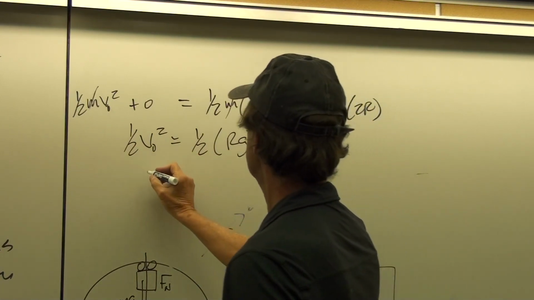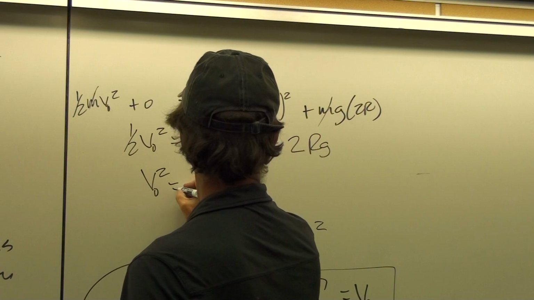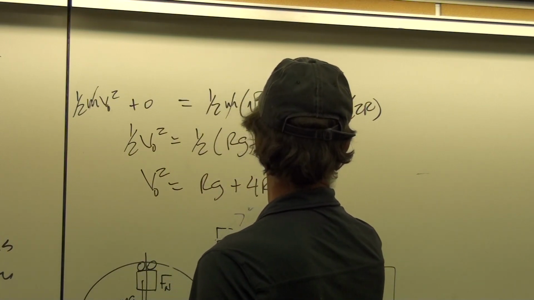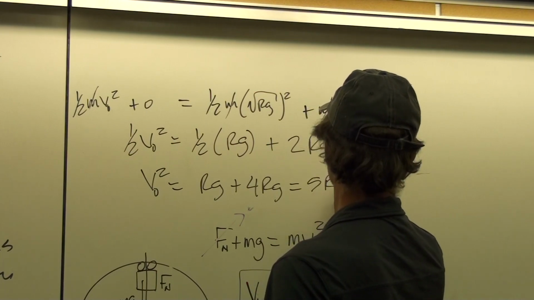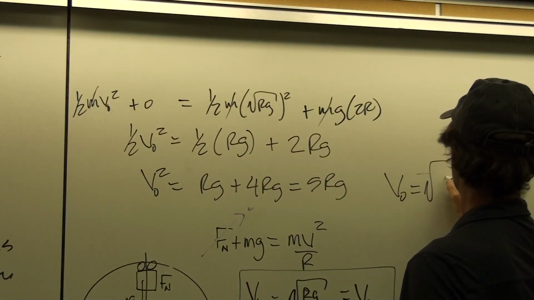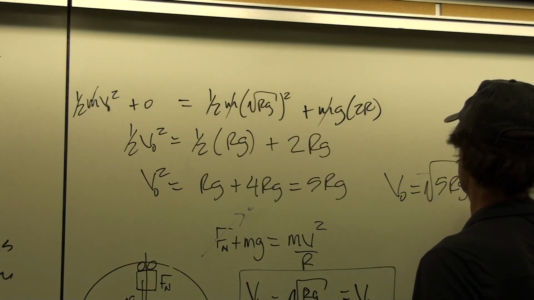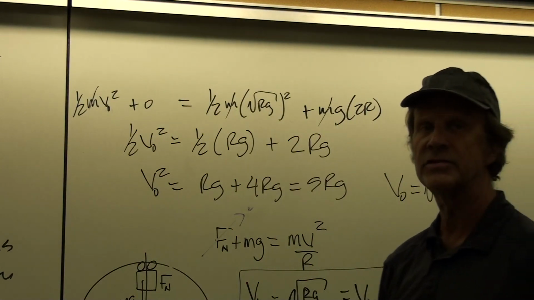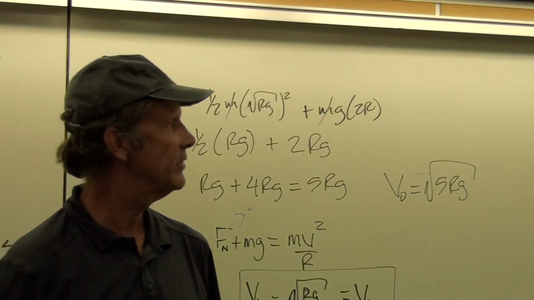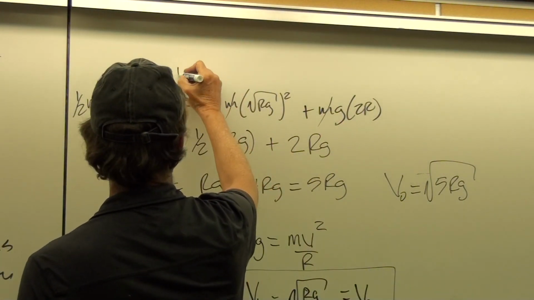Multiply through by 2, you get V naught squared equals Rg plus 4Rg, or 5Rg. So that gives you V naught equals root 5Rg. So that's kind of a standard result for the minimum velocity at the bottom, so that it just makes it over the top. This is without friction.